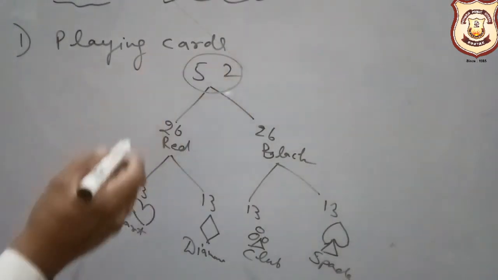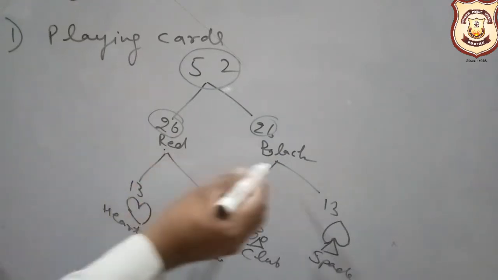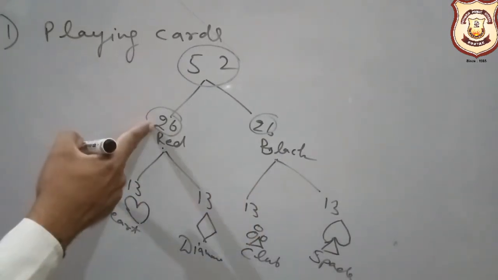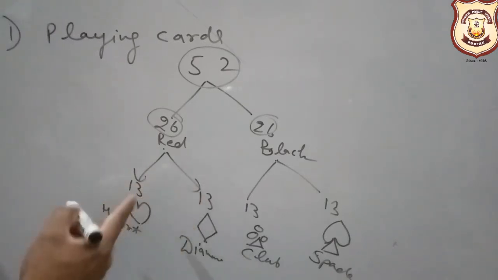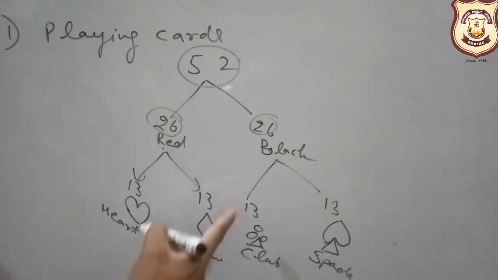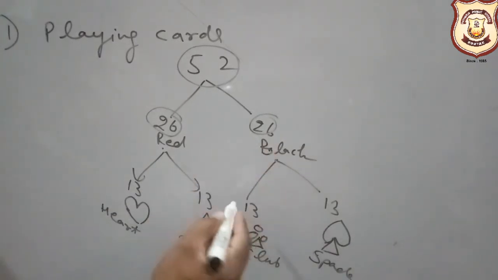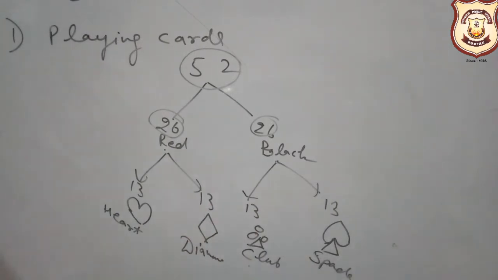Starting with 52 cards, then 26 red, 26 black, then the 26 red divided into two equal categories of 13, heart and diamond. Then the black divided into two equal categories, club and spade.